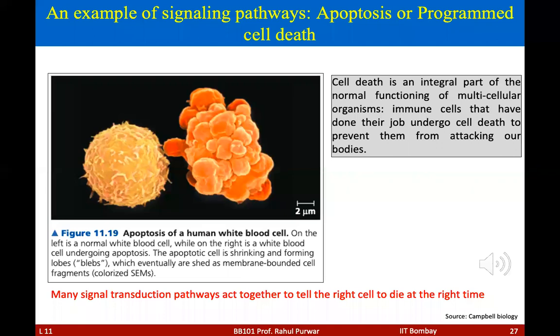Because if they don't die, they are activated, and they can kill or cause harm. COVID is the ultimate example. Sometimes the body is unable to see whether COVID is gone completely, or the COVID causes havoc in the body, especially the immune system.